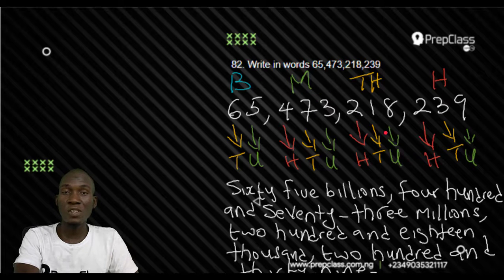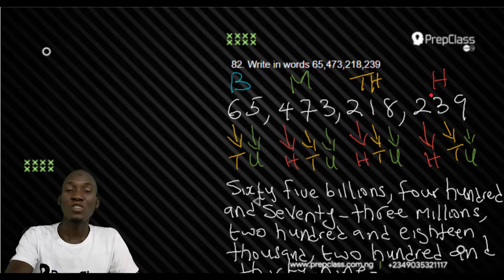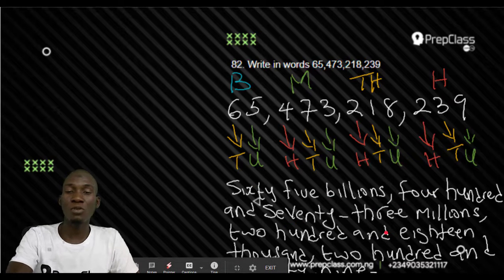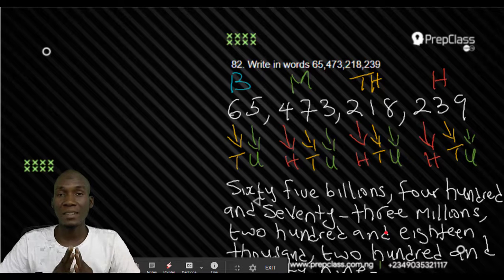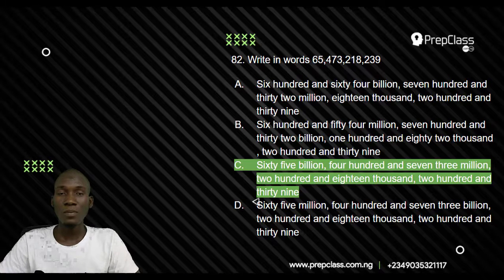Then the next chunk, the thousand: 2 is under hundred, 1 under tens, 8 under unit. So we say 218,000. Then the last part, 239. So we pronounce this as 65 billion, 473 million, 218,239. So the correct option is option C.